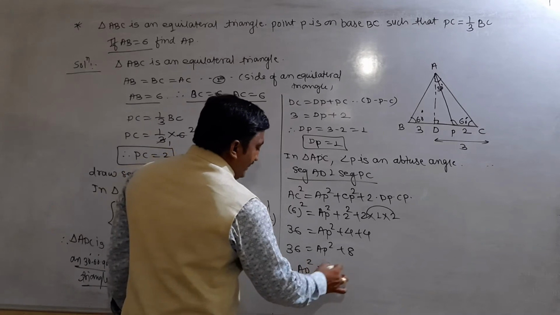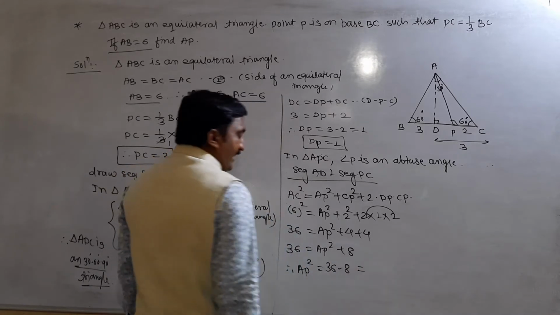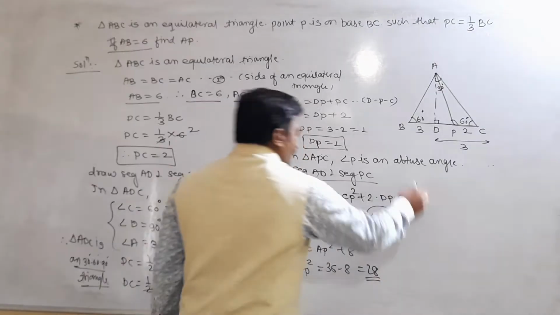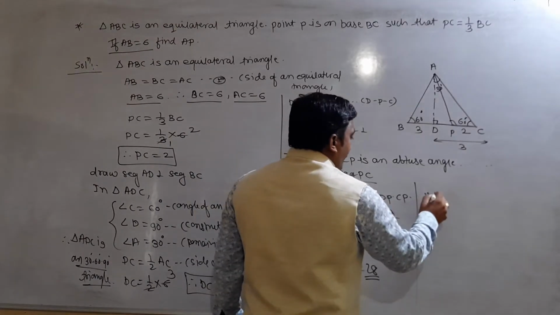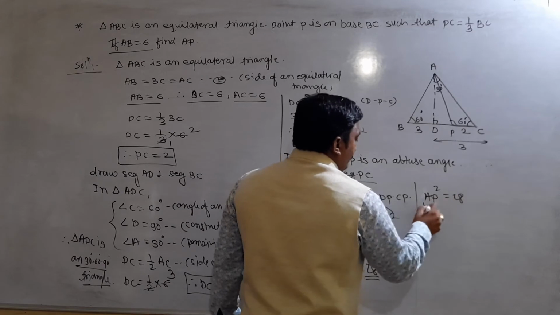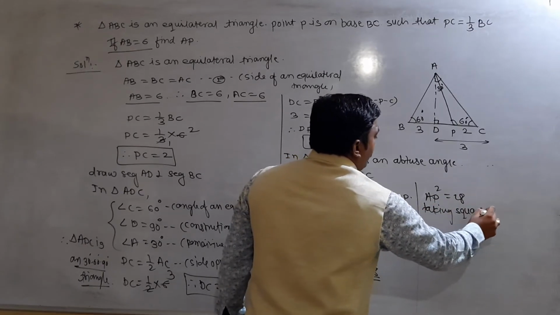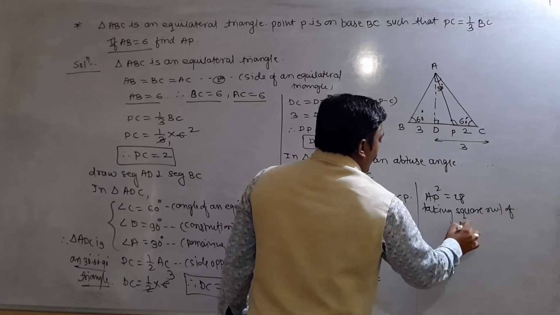Therefore, AP square is equal to 36 minus 8 is equal to 28. So, AP square is equal to 28, taking square root of both sides.